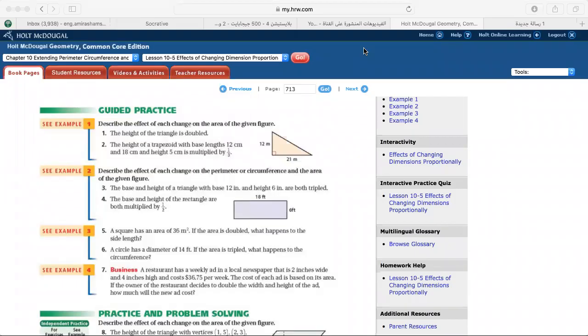I have to first write the formula of the area of the trapezoid. The area is equal to base 1 plus base 2, multiplied by the height, all of them over 2.